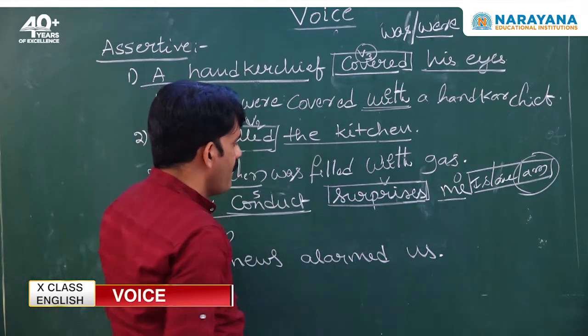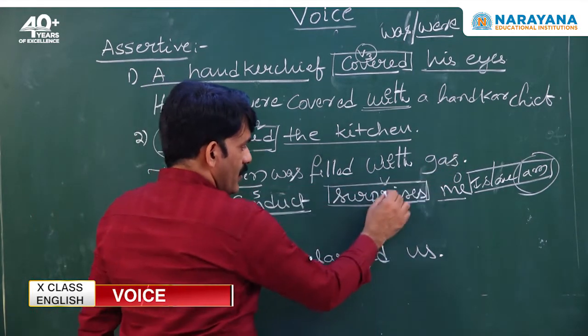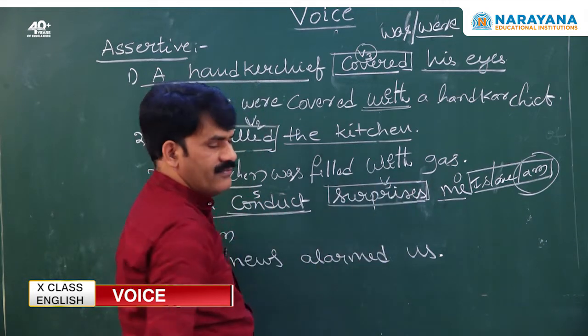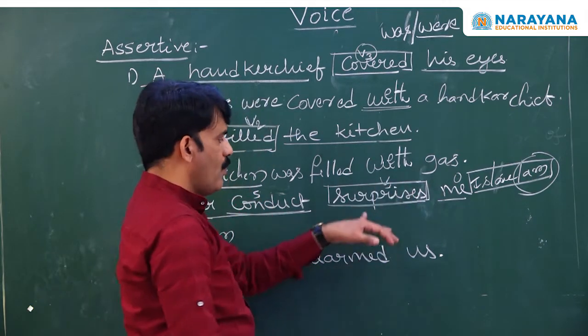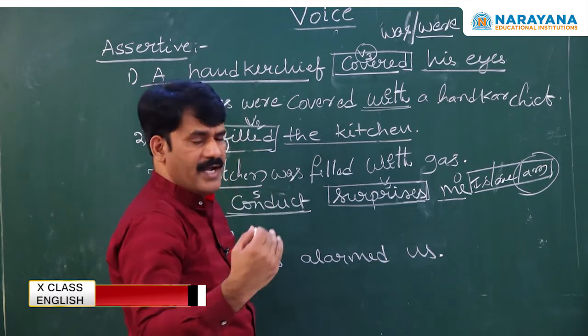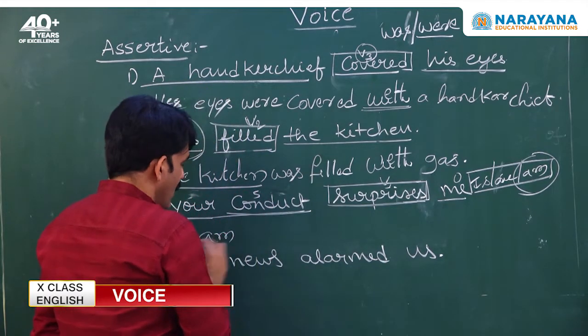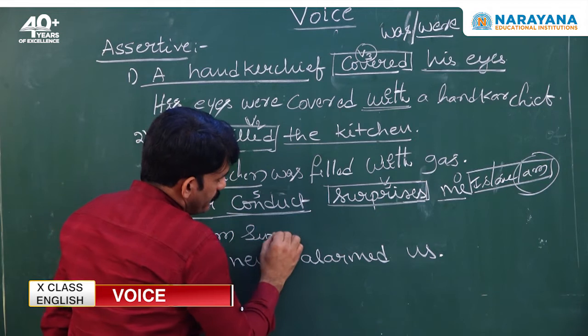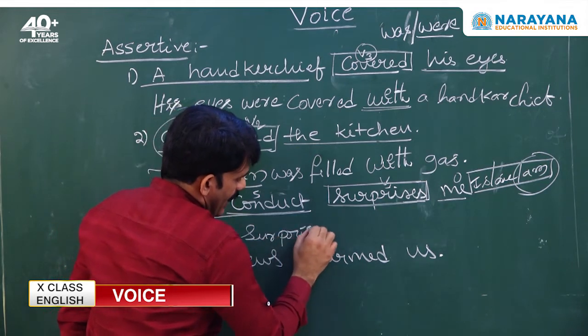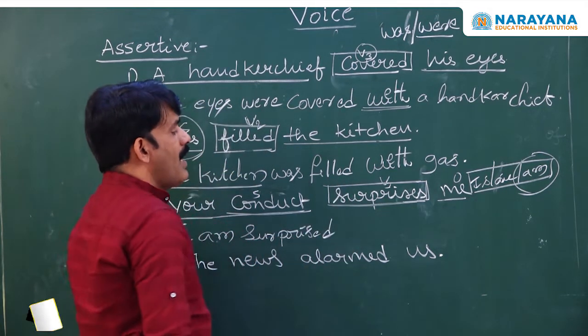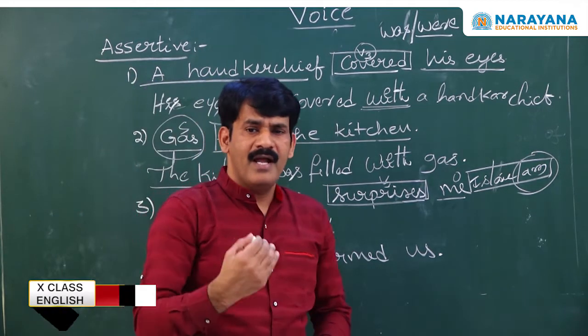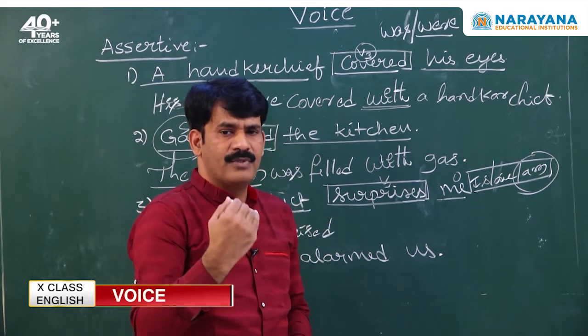Once after writing the suitable be form, you have to write the V3 form of the active voice. What is the third form of the word surprise? Surprised. So, I am surprised. Now, I have to choose and write the suitable preposition.